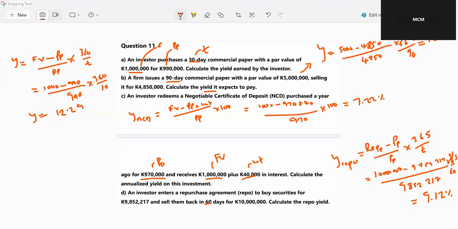The unsterilized interventions include, number one, the direct mechanism. The central bank will sell the foreign reserves and buy domestic currency. This will reduce the money supply and the impact will be contractionary. So the effect on the money supply: it supports the currency but potentially raises interest rates and will slow economic growth.